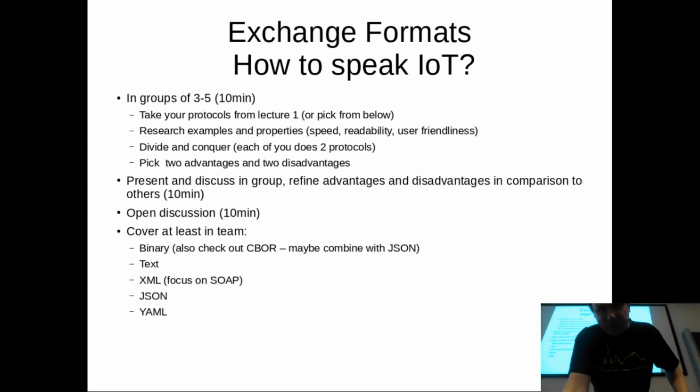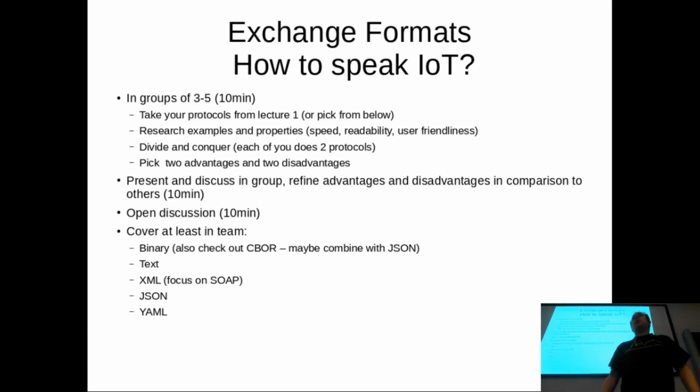I want you to work in small ad hoc groups of 3 to 5 persons. Of course, what you do now has to go in our little lecture log in the end. Divide and conquer: discuss quickly who does what.